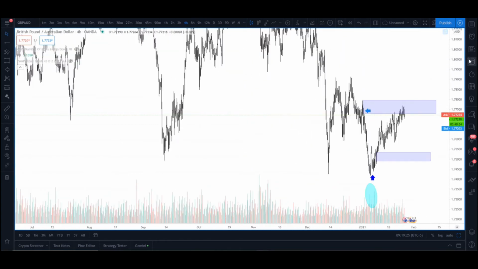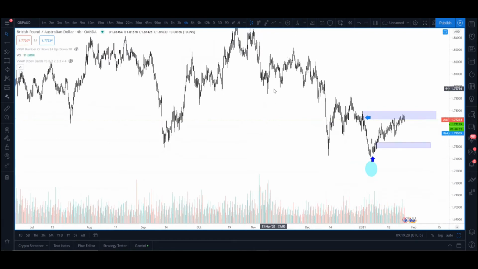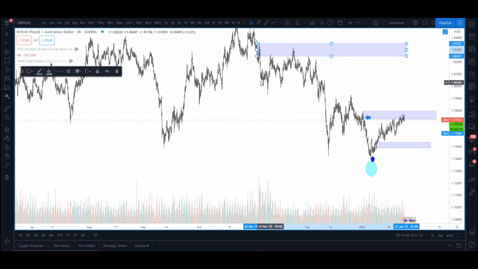You see the volume. We scale out, and you see how price dropped into this area. Price came back to the high volume profile and dropped down, right?